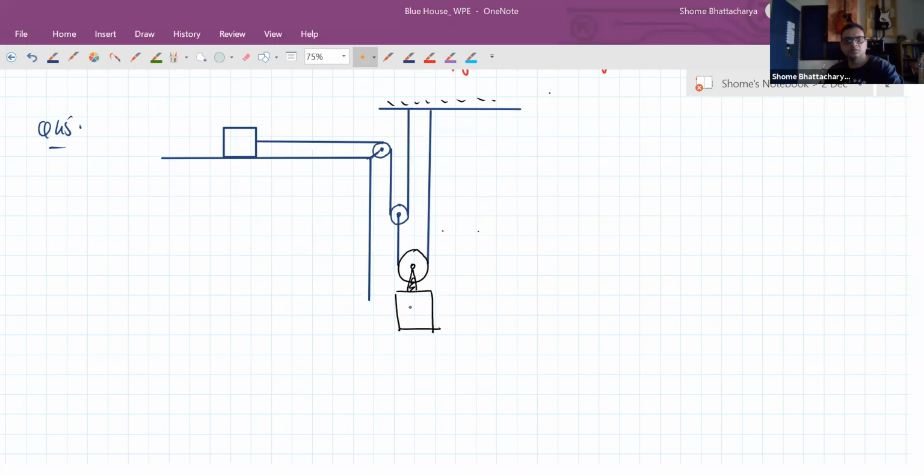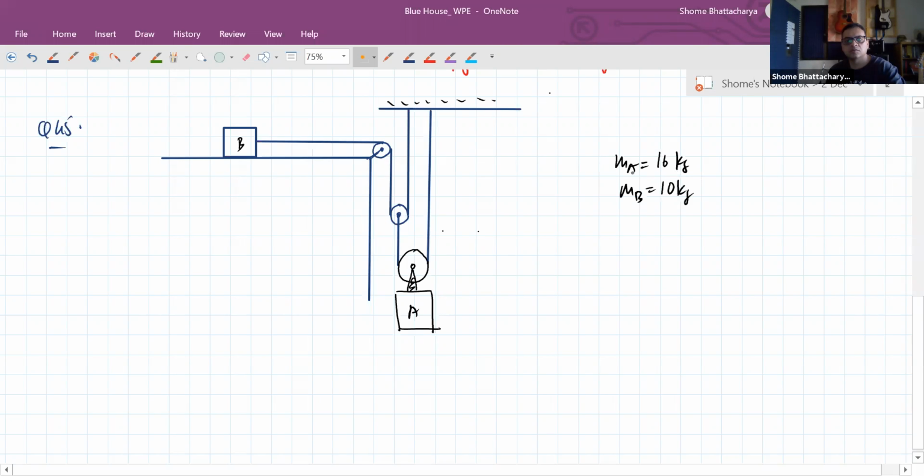These blocks are labeled A and B. So mass of A and mass of B are given to us as 16 kg and 10 kg respectively. And there's a coefficient of friction which is equal to 0.5 over here.